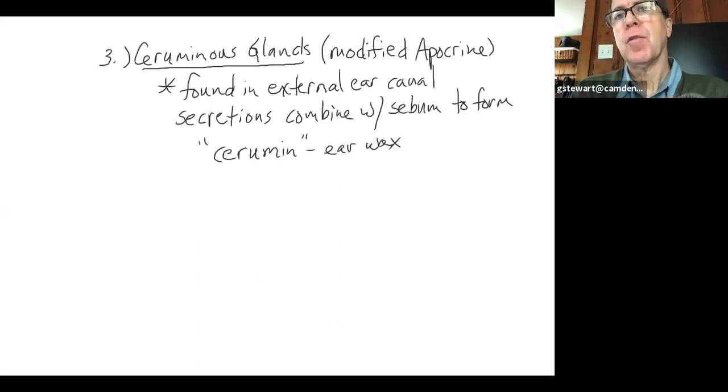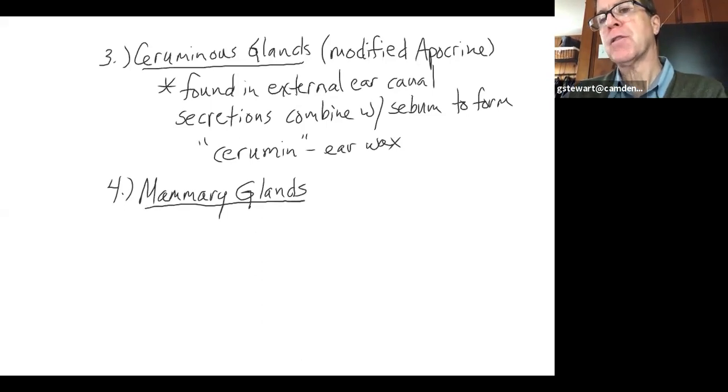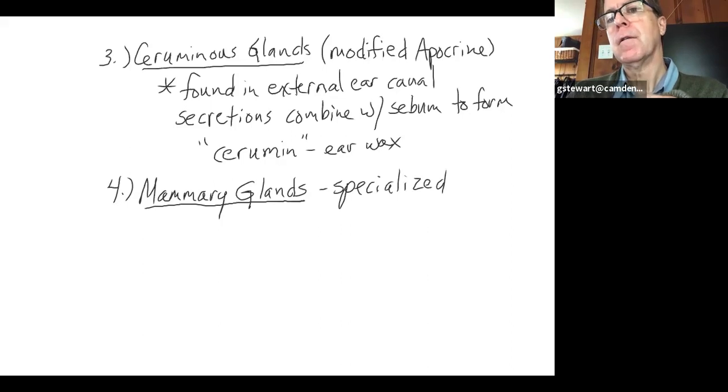And finally, number 4 are mammary glands, which are most active in females around the time of giving birth. These are specialized sweat glands that produce milk.